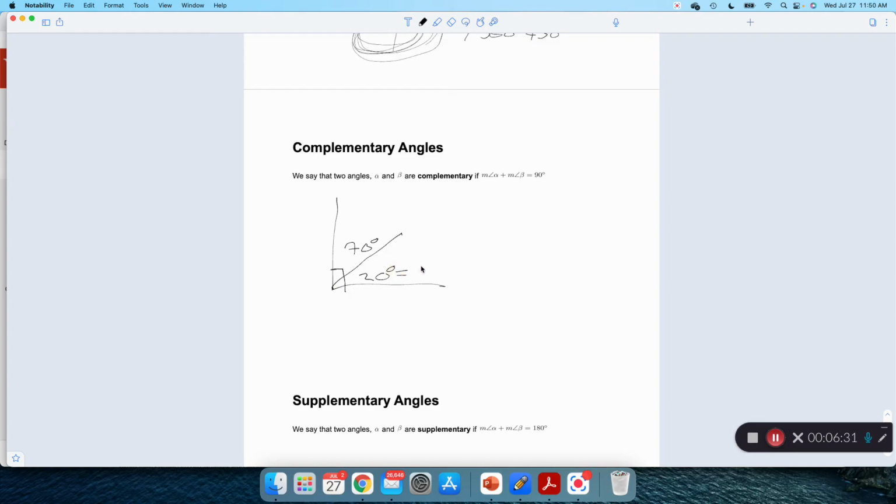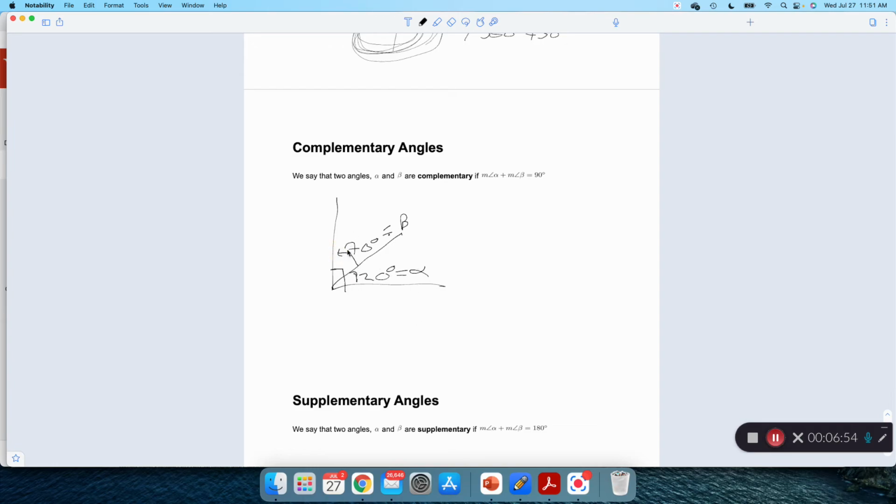Maybe we call this one angle alpha, and we call this one angle beta. Well, alpha plus beta is 90 degrees. Those are complementary angles. They form, if we squish them together, a right angle. So alpha was rotating here, beta was rotating here.